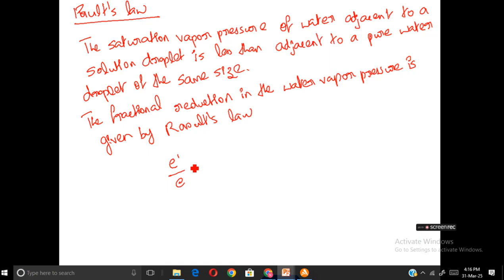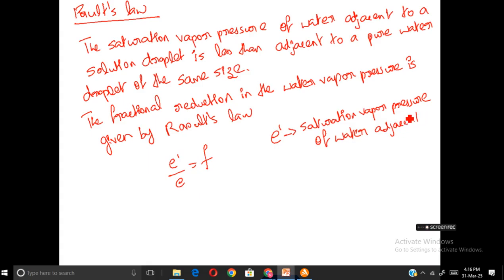E dash by E is equal to F, where E dash is the saturation vapor pressure of water adjacent to a solution droplet of mole fraction F.